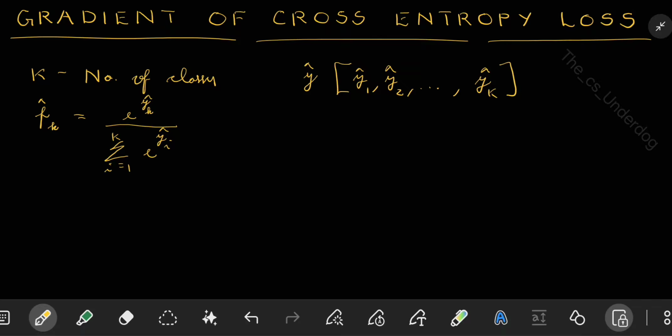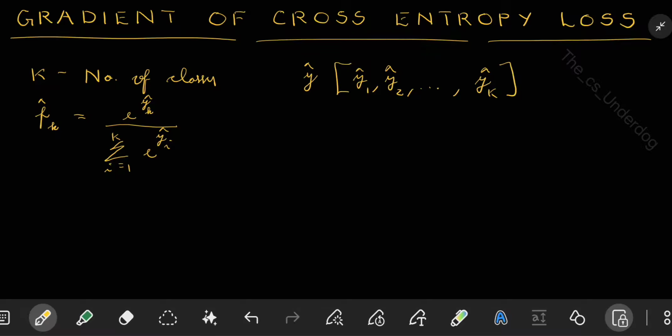This we discussed specifically in the last lecture, that each of these values pk cap will take a value between 0 and 1, and if you add all the values of pk cap, you will get a total of 1. That is how this can be interpreted as probabilities. So the pk cap that is coming out of the model, you can consider as a probability distribution.